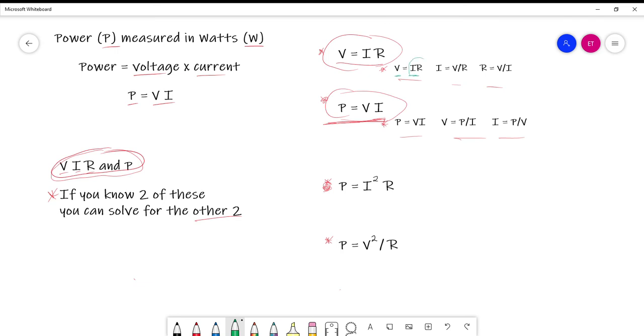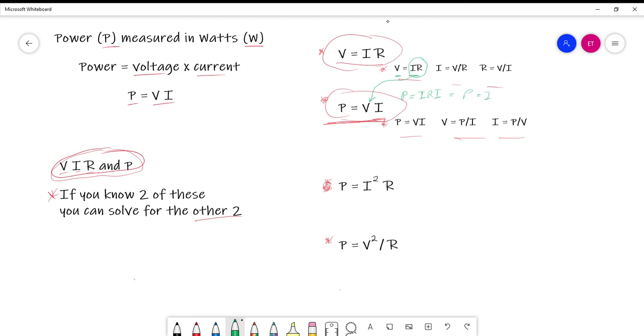So that means, if they're the same thing, I can take IR and substitute it in for V. And then I get this new equation: power now is equal to IR times I, right? And then I'll just gather up the terms.